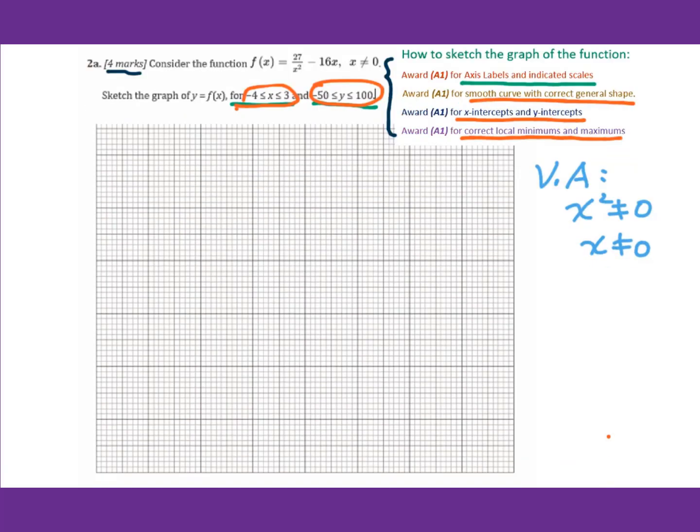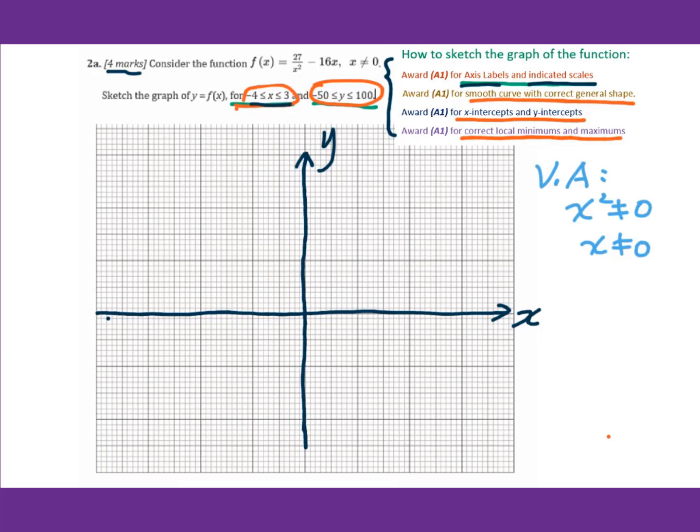Now we set up the axis and label. X-axis. Here's the y-axis. Then you have to indicate the scale.